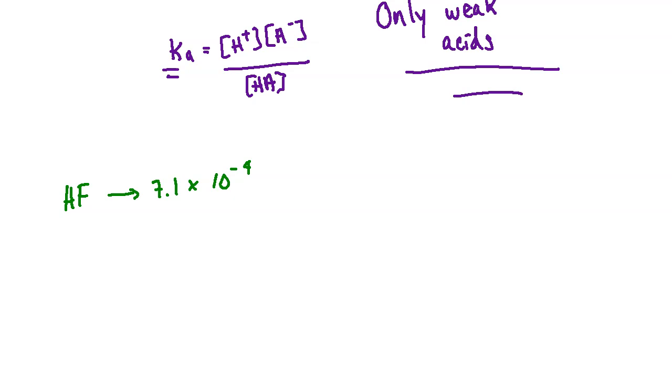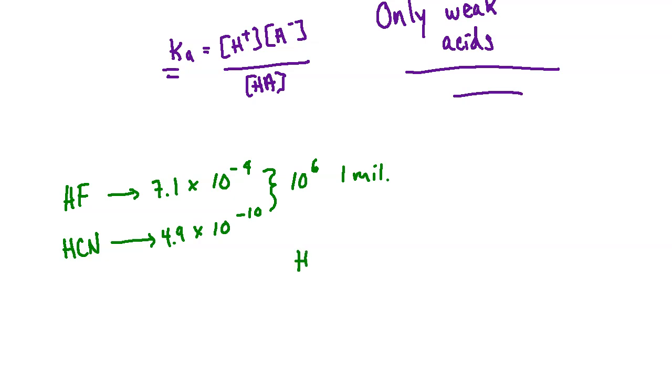All right, now if I take the cyanic acid, HCN, this is 4.9 times 10 to the negative 10th. All right, so the gap here is approximately 10 to the 6th. 10 to the 6th is 1 million. All right. So what does that mean?